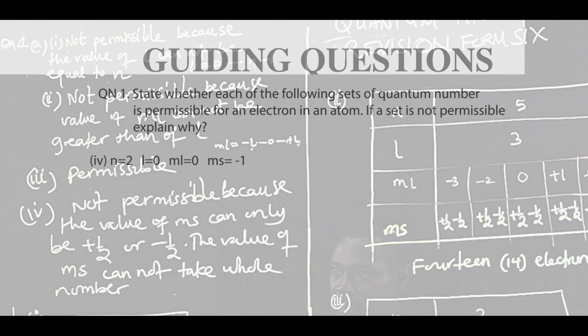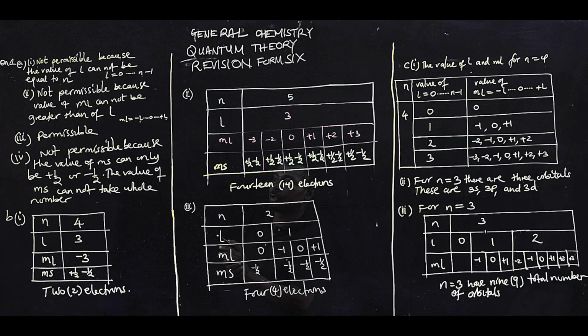For n equal to 2, energy level number 2 or shell number 2, l is equal to 0. Okay, 0 is smaller than 2, which is the value of n. ml is equal to 0, exactly, the value of ml can be equal to the value of l. ms given is negative 1.